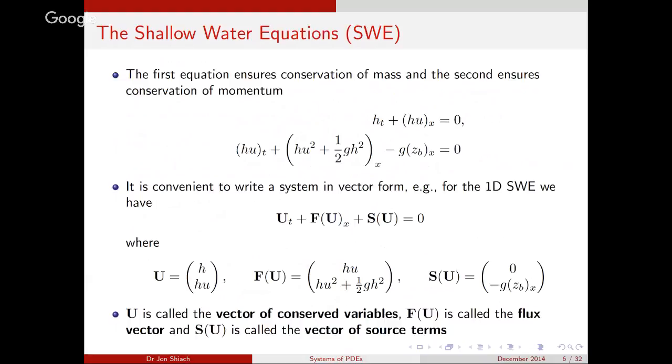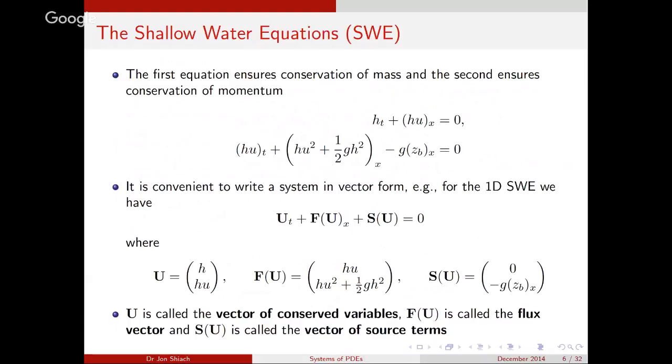In this case, because we've got U with respect to T, in the first equation we've got H with respect to T. In the second equation we've got HU with respect to T. So my U vector is H and HU. Our F is what we're differentiating with respect to X. So we've got HU for the first equation, and HU squared plus a half GH squared for the second. Source terms is what's happening in this case to the bed.